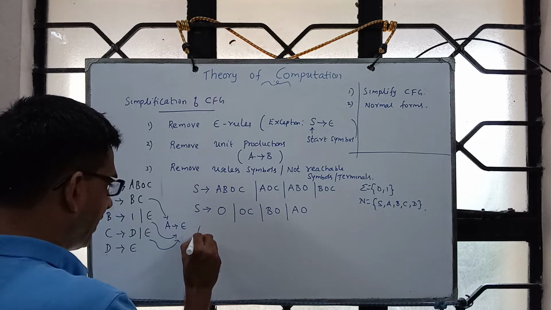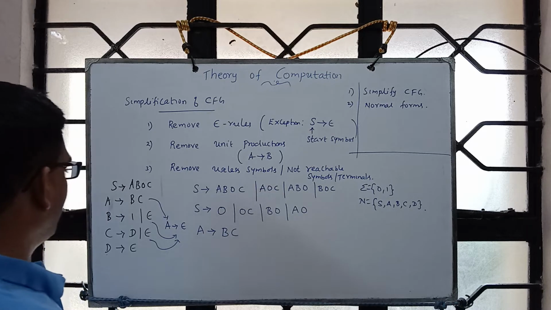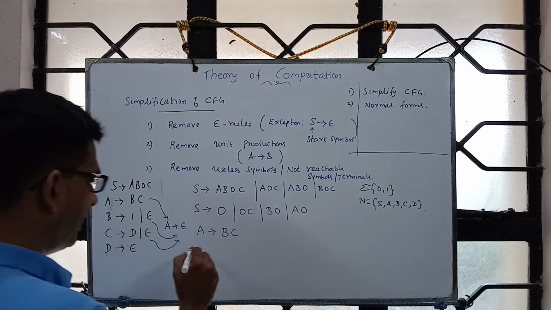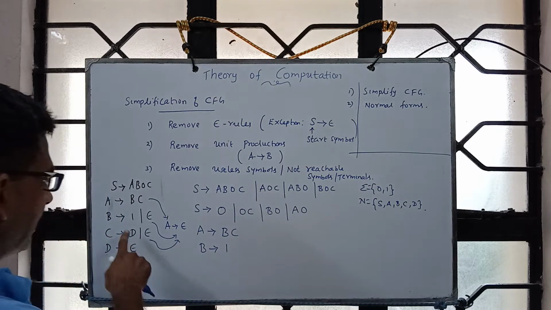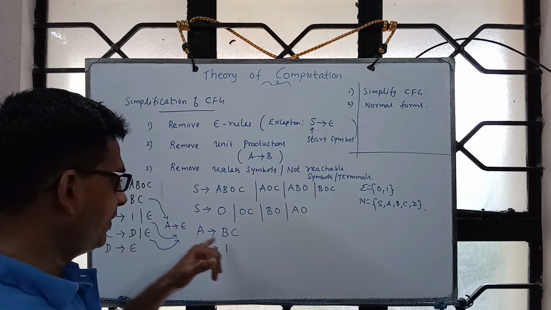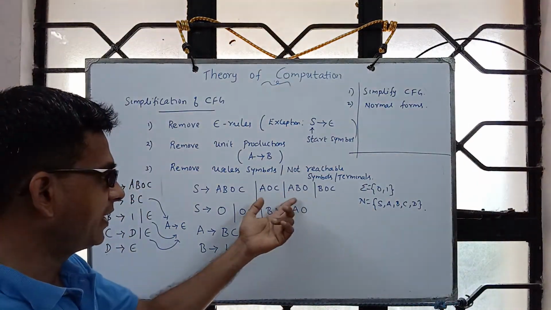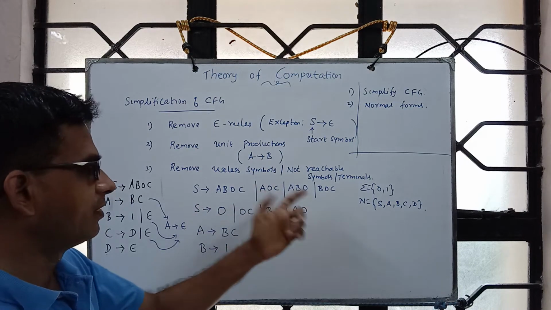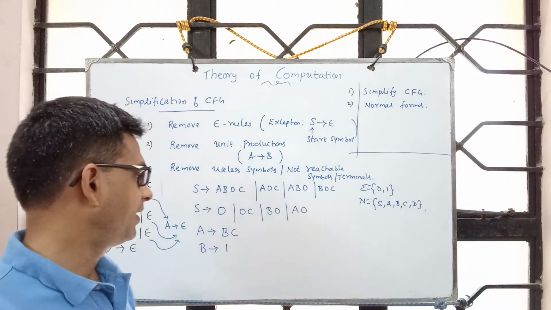Now you have A → BC, and B → epsilon can be removed, because what all strings it can generate over N union T, all that is listed here.